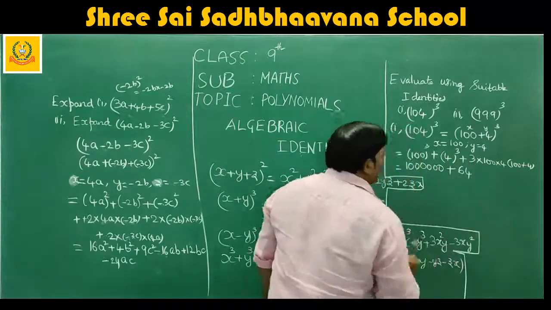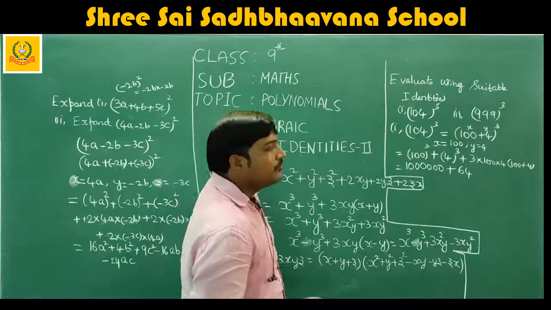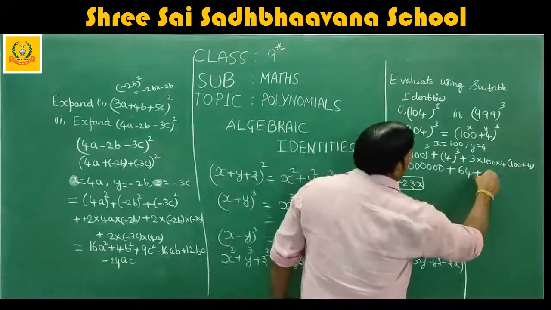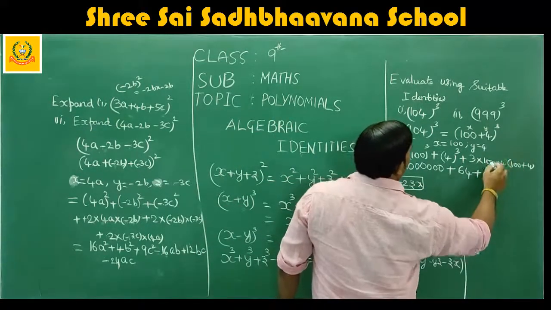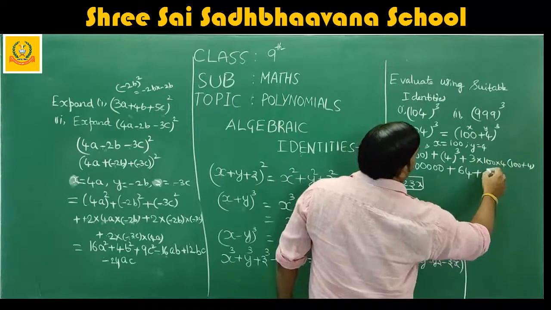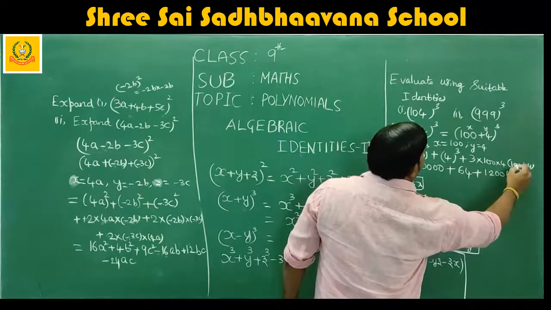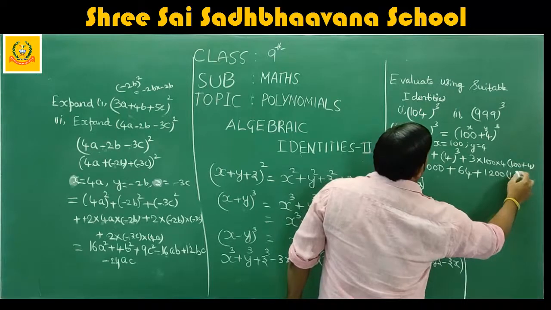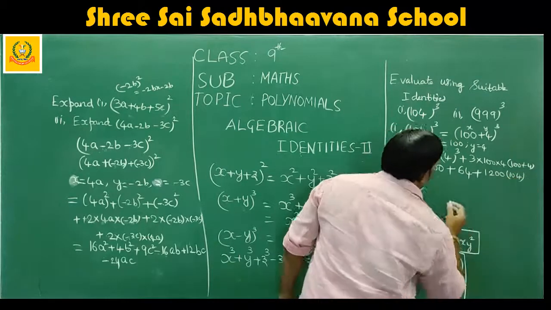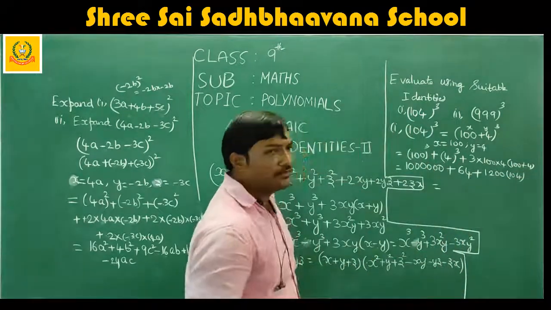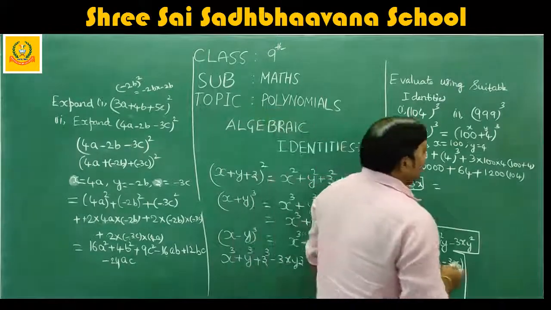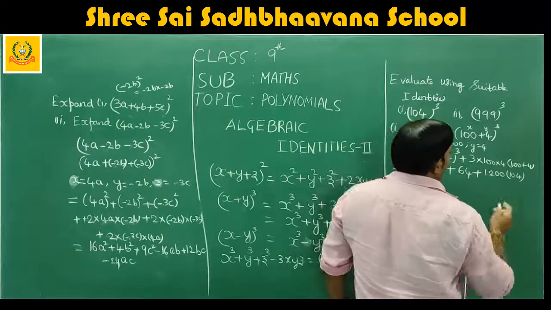And everybody knows 4 cube is 4 into 4, 16, 16 into 4 is 64, plus 3 into 100 into 4, which will give you 1200 into 104. So here you have to do a little multiplication, that's all. If you do 1200 into 104, how much will you get?